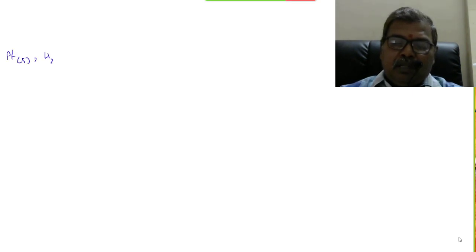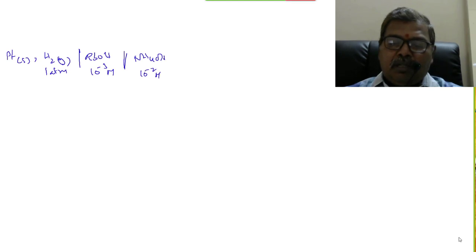Platinum, hydrogen gas, 1 atmosphere pressure, rubidium hydroxide, 10 power minus 3 molar, ammonia, 10 power minus 2 molar, pKb is 4.74, hydrogen gas, 1 atmosphere, platinum solid.